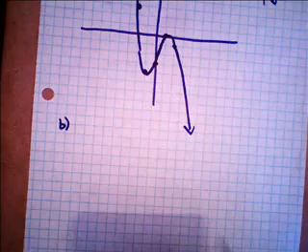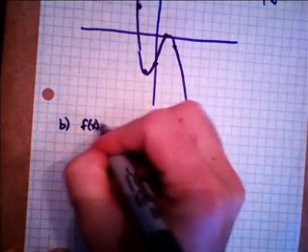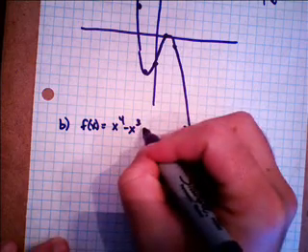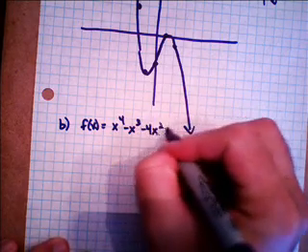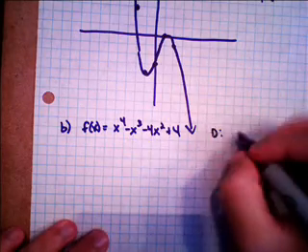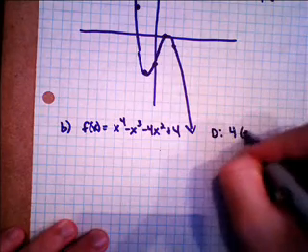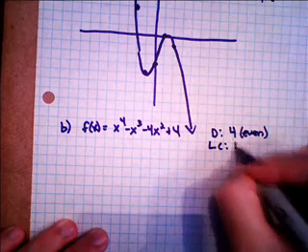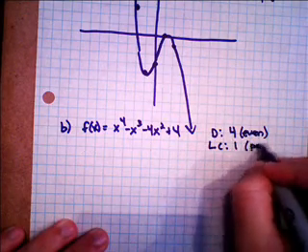It says take f of x, which is x to the fourth minus x to the third minus 4x squared plus 4. And so let's first off see the degree is 4, which is even. And the leading coefficient is 1, which is positive.